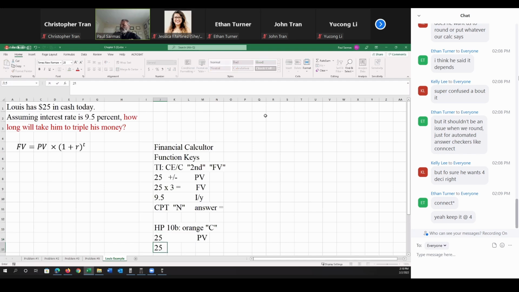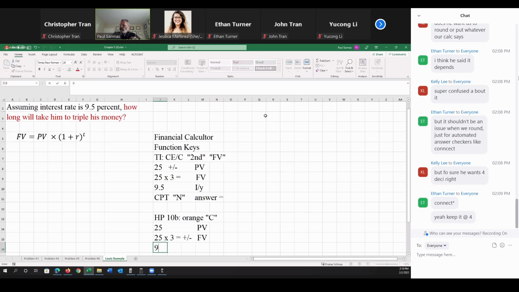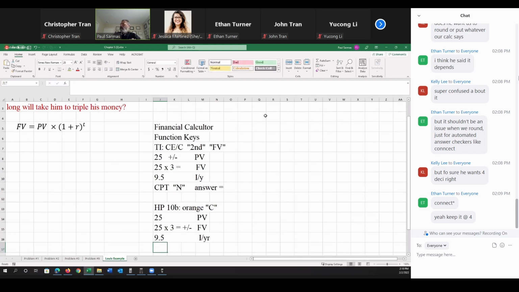Take 25 times 3, equal, and then change the sign, plus minus, and press FV. Do 9.5% interest, I/YR, and there is no compute key, so you press N and write the answer.